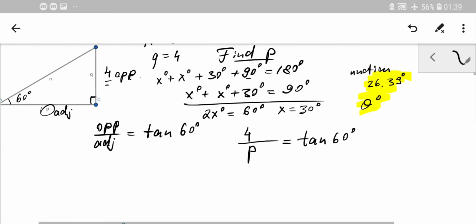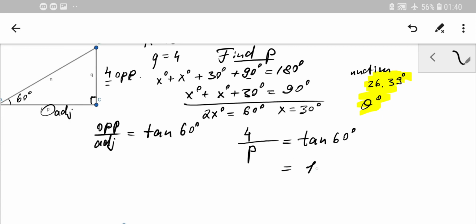Alright, so if you calculate tan 60, and it's better to do it right now, you'll get the value 1.73 something, because it's square root of 3 actually. This is standard value. So, and you've got 4 over P. How to find P? You just crisscross, because 1.73 is over 1. So you do crisscross, so you swap 1.73 and P, this fractional equation.